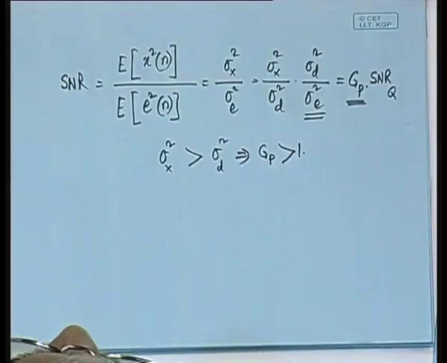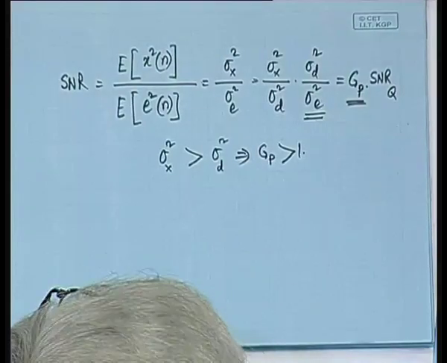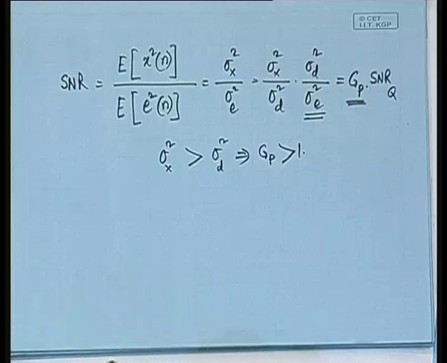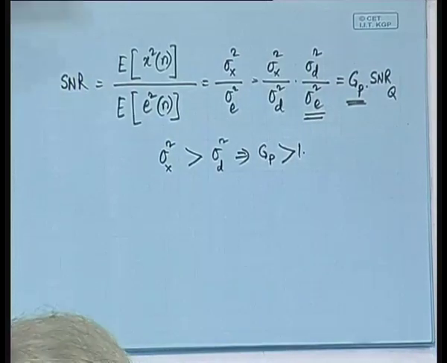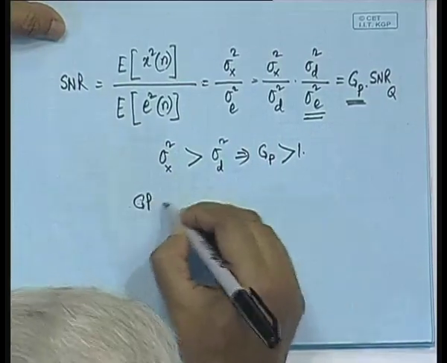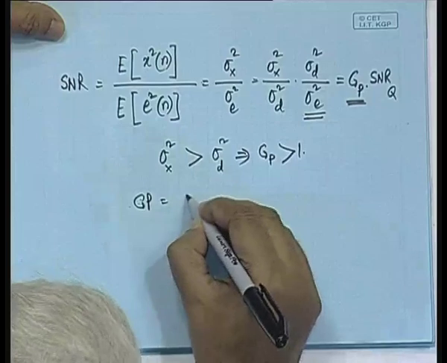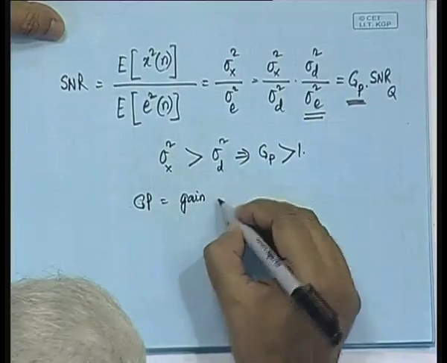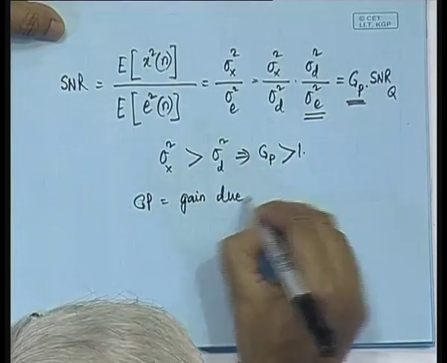The better it is, the more increased value of Gp we are going to have, and an increased value of Gp is going to boost our overall signal to noise ratio significantly. So that is what we should expect. Gp we call the gain due to differential quantization.